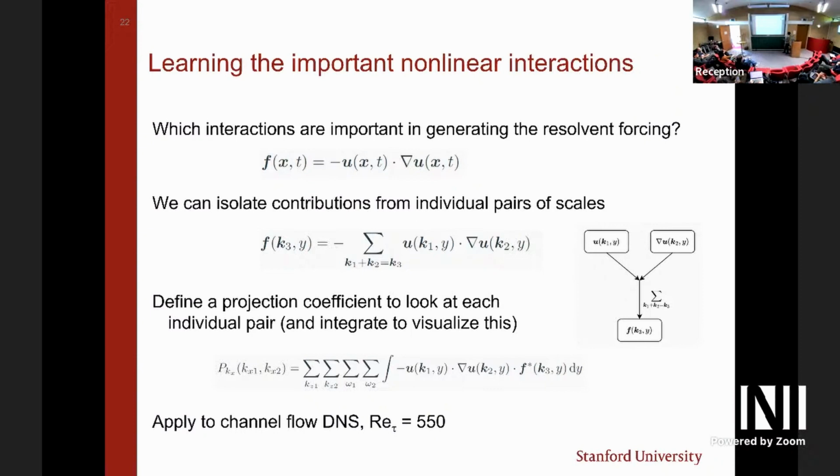So what I'm going to show you is the projection. Here, for two scales, is the contribution to the forcing relative to the full forcing of that case. Then I'm going to show you integrated over y and summed over kz and omega. This is going to be a 6-dimensional space in y.